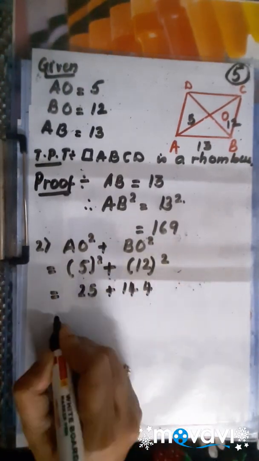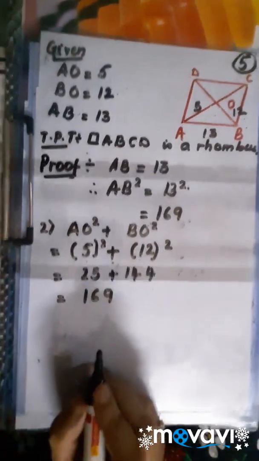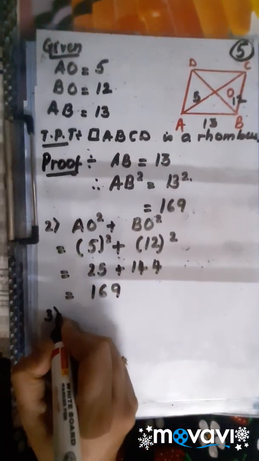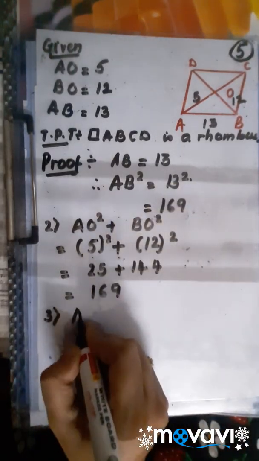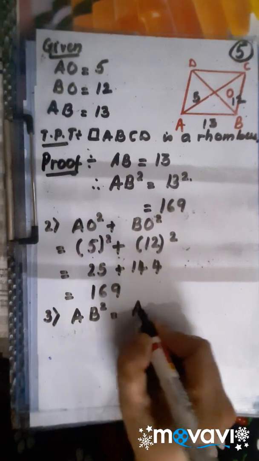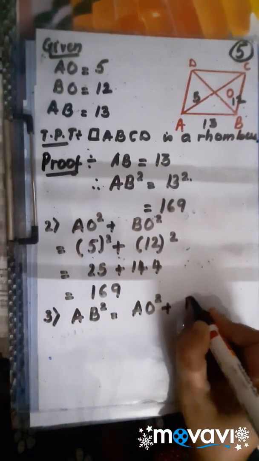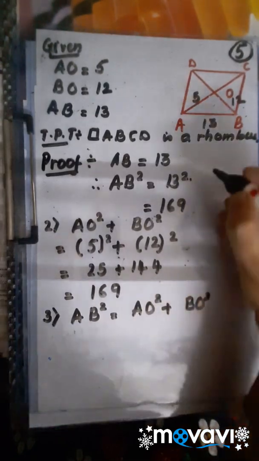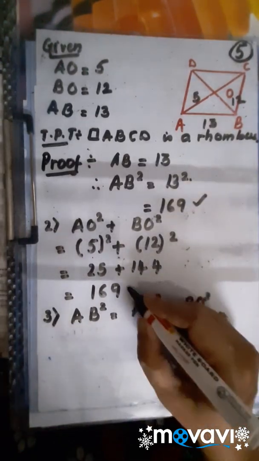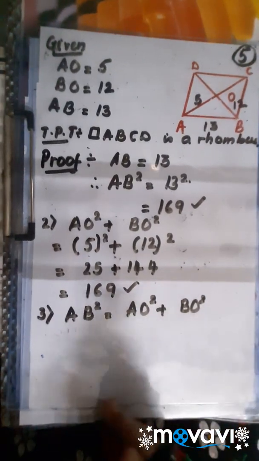So together I get 169, correct? Therefore, I can say that AB square is equal to AO square plus BO square, correct? When you see this, AB square is 169, this together is also equal to 169. So they are equal, correct?